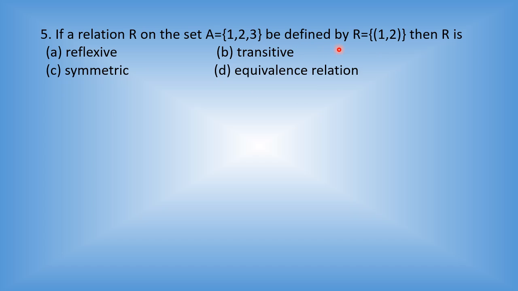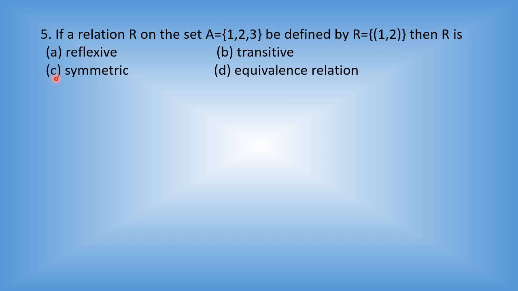So we check all the options here. R has the ordered pair (1, 2). For reflexive, for every element of the set A, the ordered pairs (1, 1), (2, 2), (3, 3) should belong to R. So clearly this is not a reflexive relation.